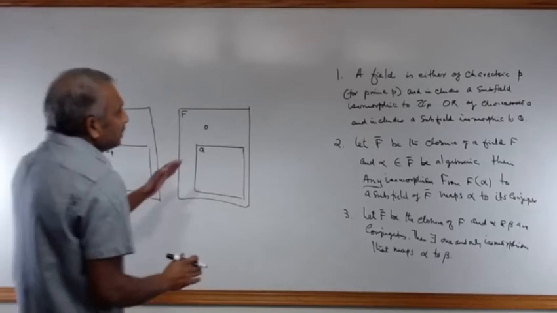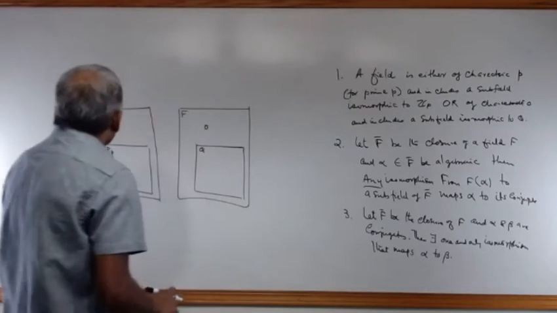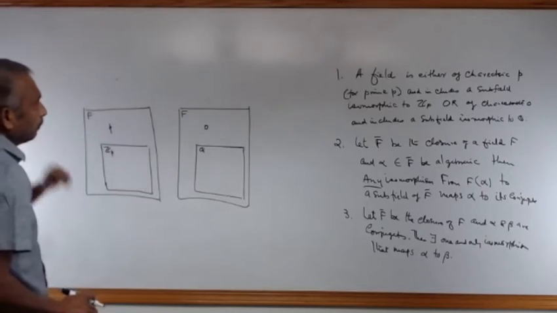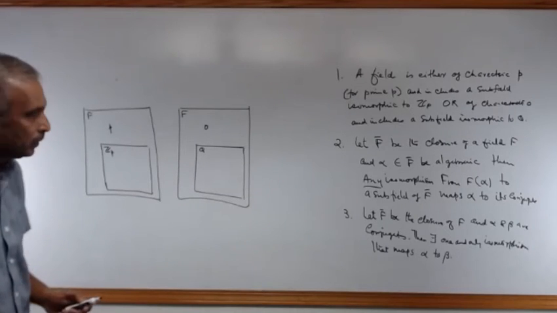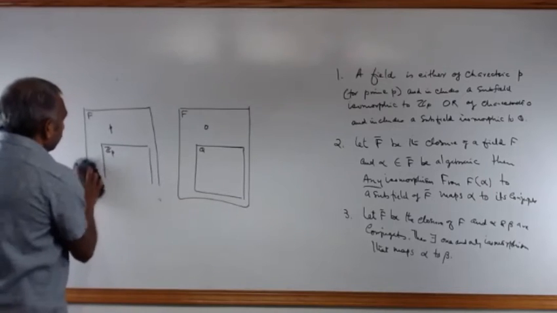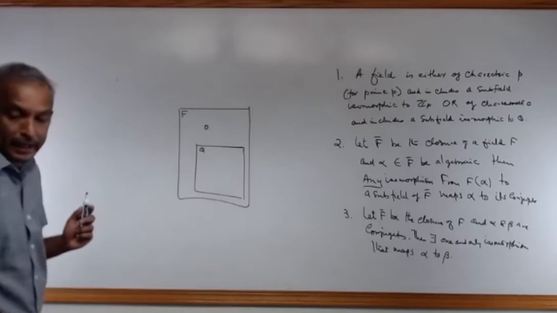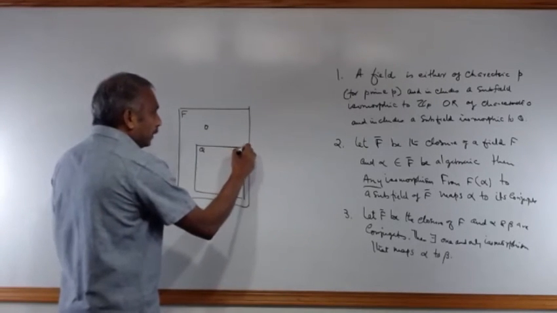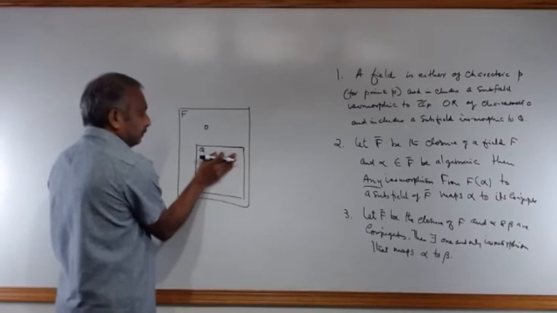So we are going to use these three results which we established earlier to come up with some examples on the group of a field over a subfield. If you consider any infinite field, then Q is always a subfield of that field.